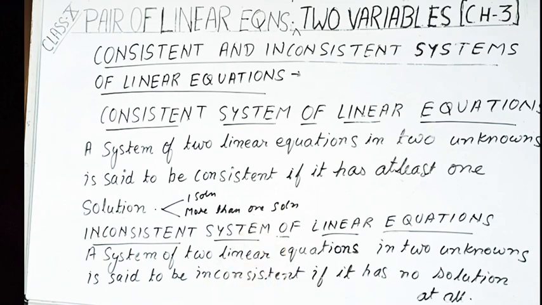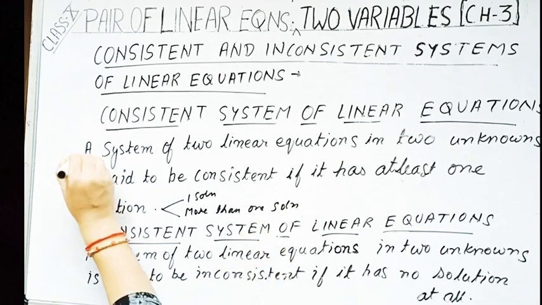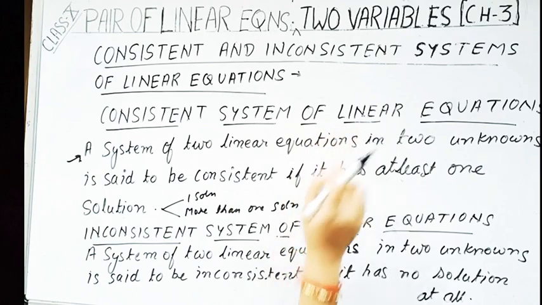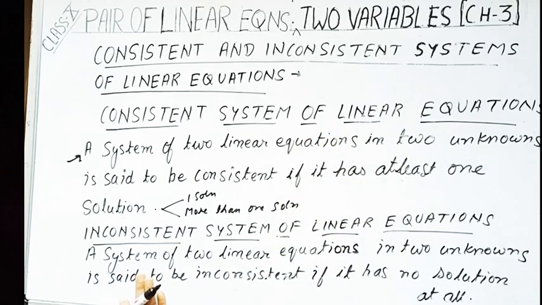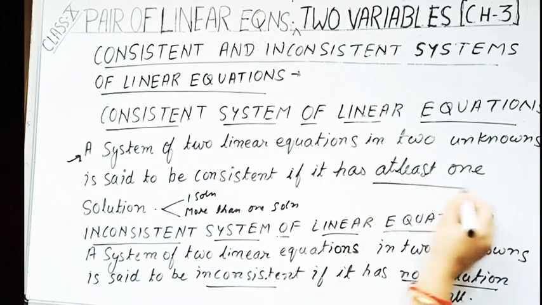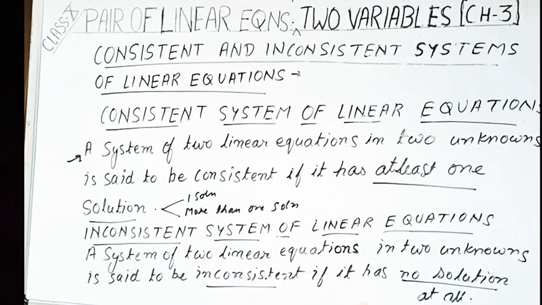Now in the inconsistent system of linear equations, a system of two linear equations in two unknowns is said to be inconsistent if it has no solution at all. Here at least one solution, here no solution at all.